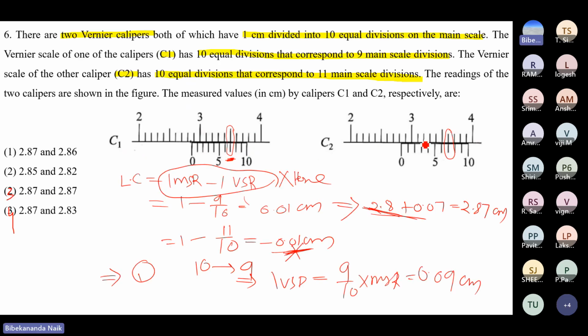As you can see, 3, 1, 2, 3, 4, 5, 6. So the 6th division after 3 coincides with the main scale division. Which vernier scale division? 1, 2, 3, 4, 5, 6, 7. So the 7th division of the vernier scale coincides with the 6th division of the main scale.